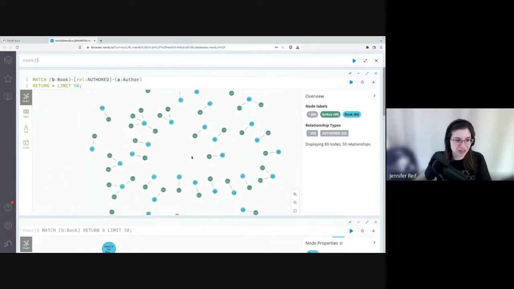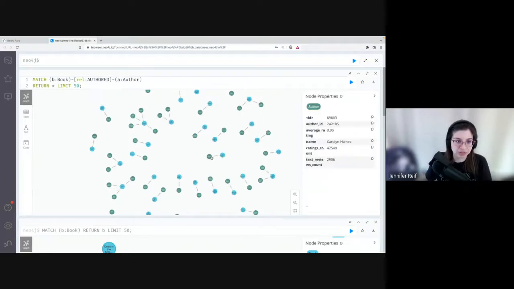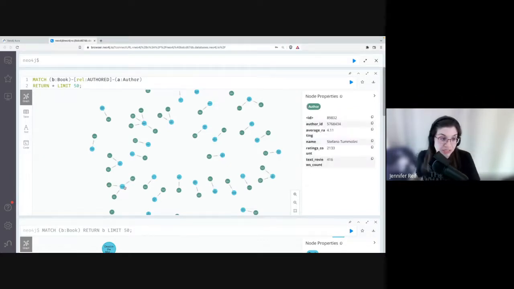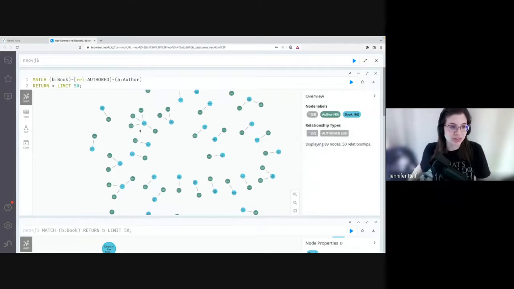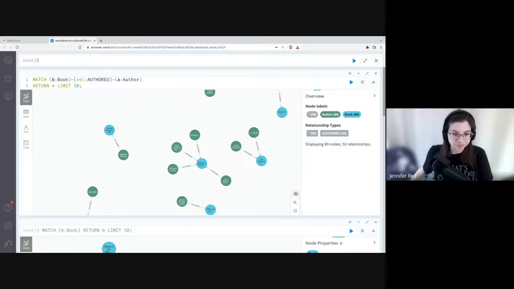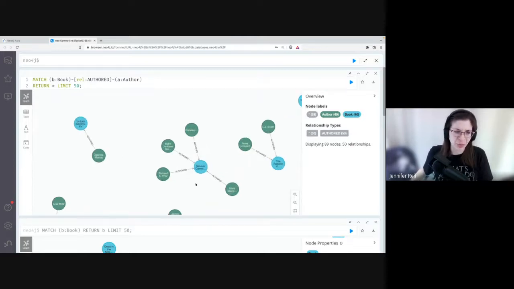And there's some interesting things that kind of catch our eye. First off, you kind of expect a single book to be related to a single author, right? But you can see there's a few patterns here where you have multiple green nodes or author nodes connected to a single book. So these are instances where you have more than one author connected or writing a book. So for instance, this one here has quite a few authors.